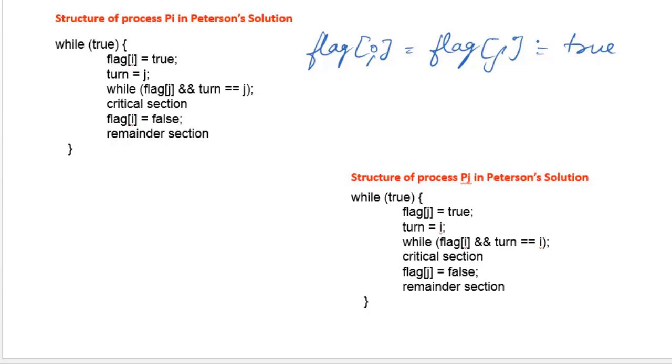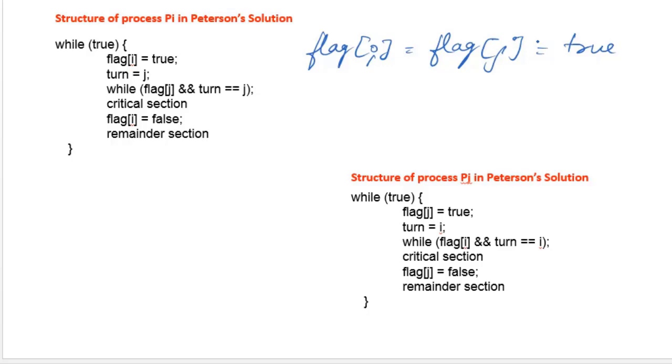This implies that both Pi and Pj cannot be executing the while statement at the same time, because the value of turn can be either i or j but not both, right? Turn cannot have two values. It is a single integer variable where you can store any one value, either i or j.